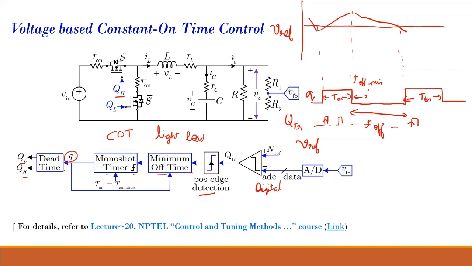Any other queries? Sir, whenever the positive edge in QTR comes, it should be fed to the monoshot timer directly.